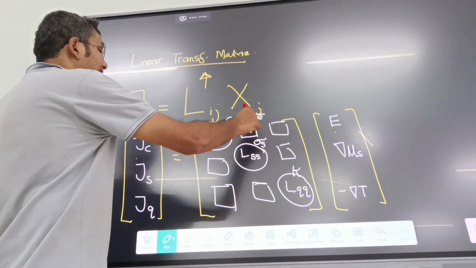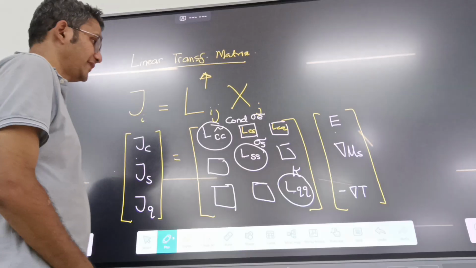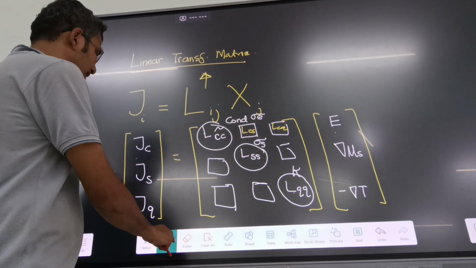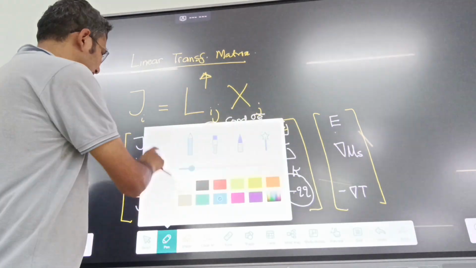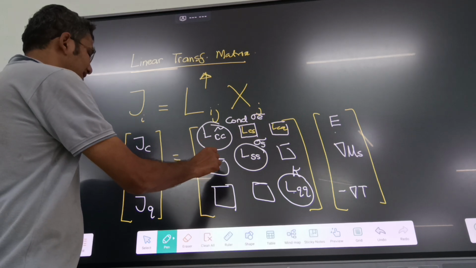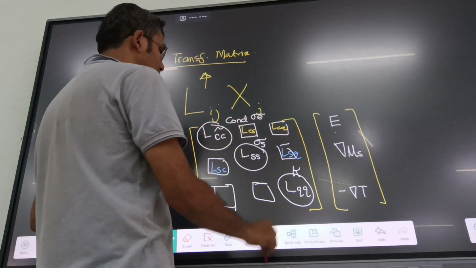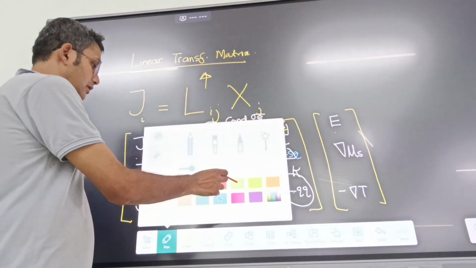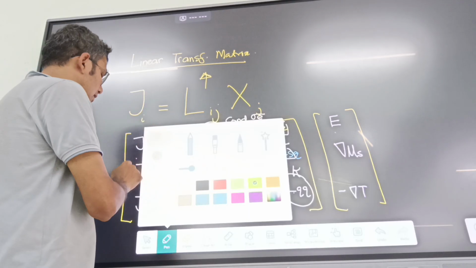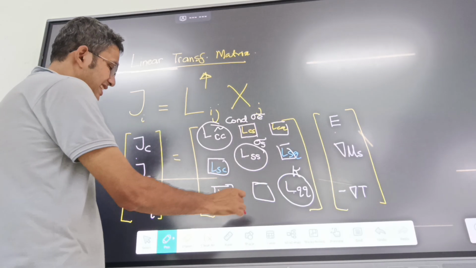LCS. ये वाला क्या होगा? LSC, LSQ. ये वाला क्या होगा? LQC.